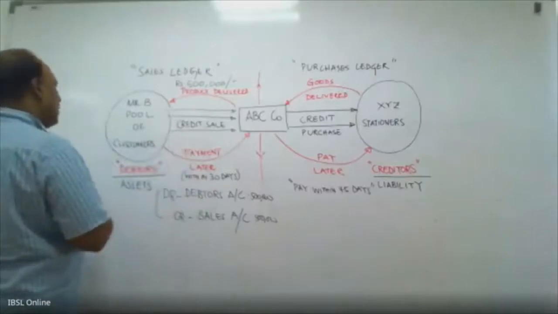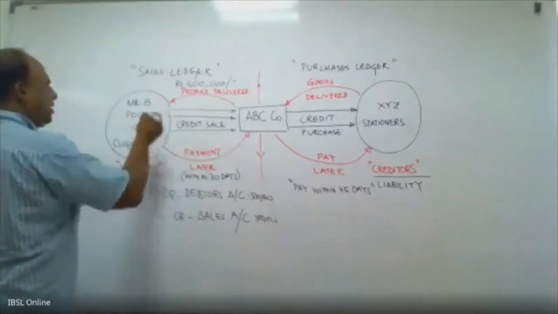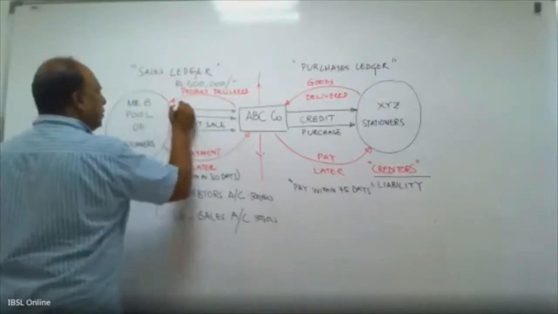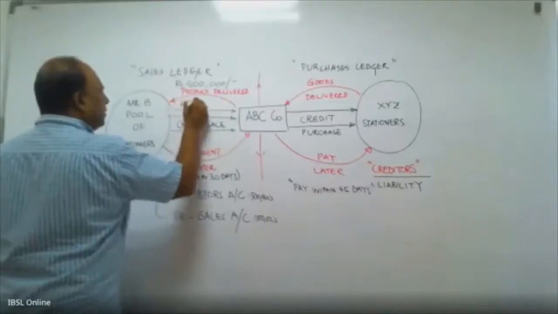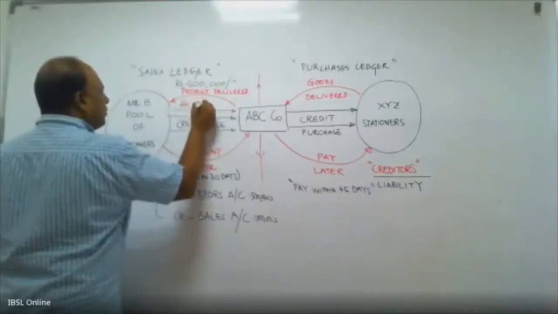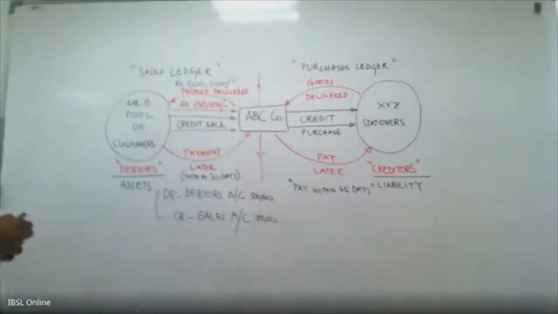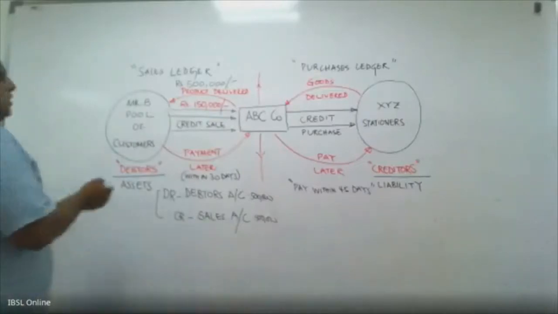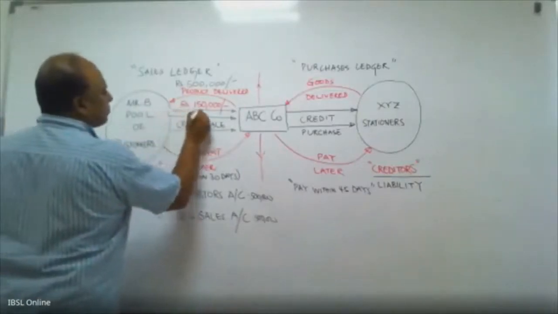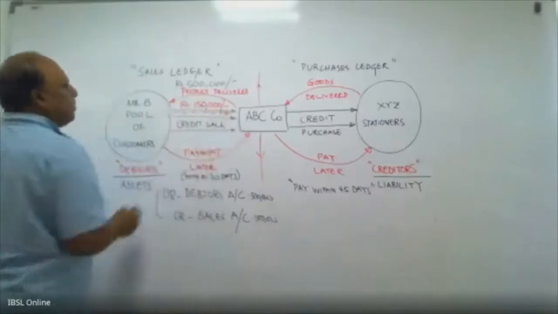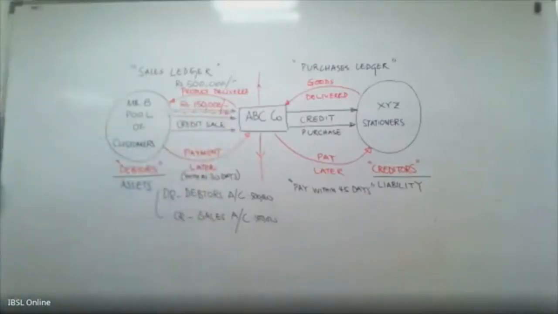So he is going to return it now. Let's assume he is returning rupees 150,000 worth toys. Rupees 150,000 worth toys is returned. Okay, it's returned. Now what is going to happen?